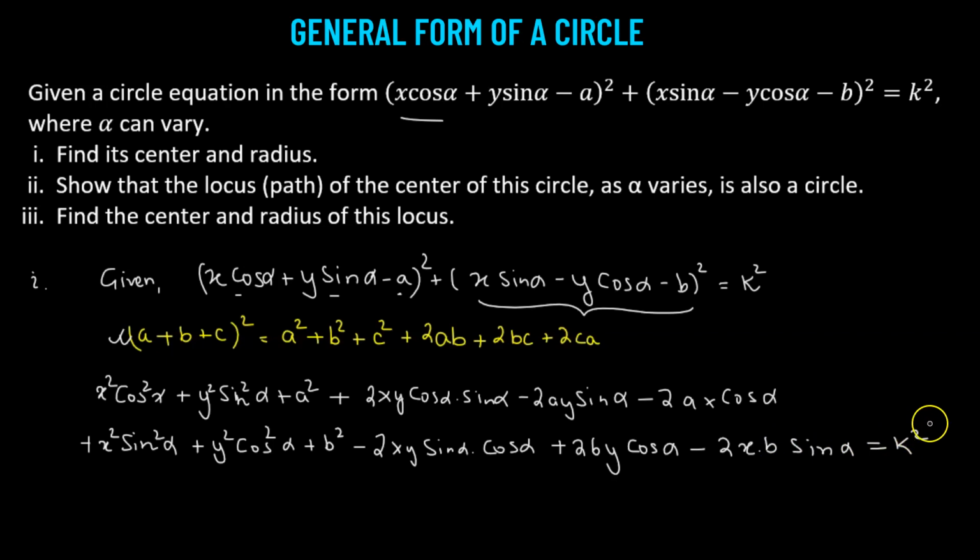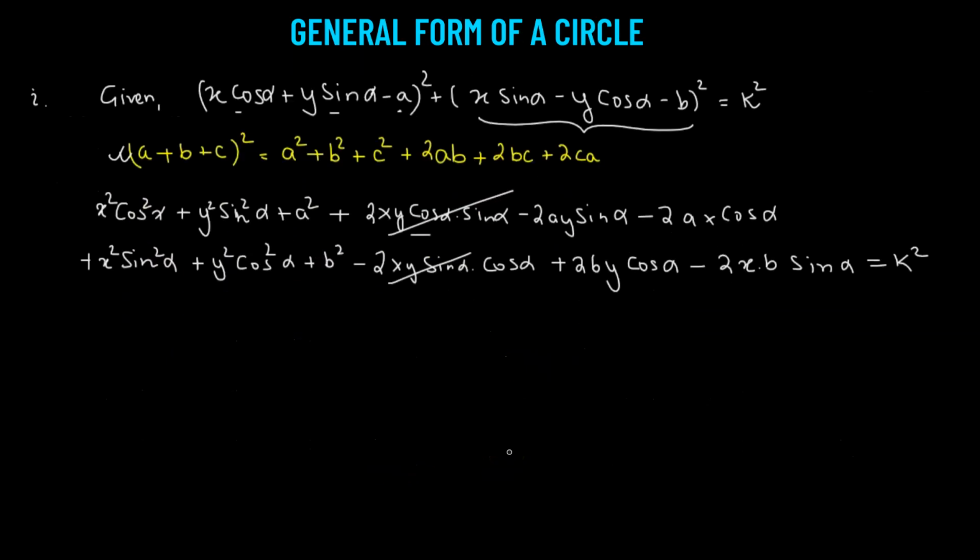equal to k squared. Now immediately we can cancel out 2xy cosine alpha sine alpha and negative 2xy sine alpha cosine alpha. We can combine x squared cosine squared alpha and x squared sine squared alpha. Taking x squared as the common factor, we get x squared multiplied by cosine squared alpha plus sine squared alpha.